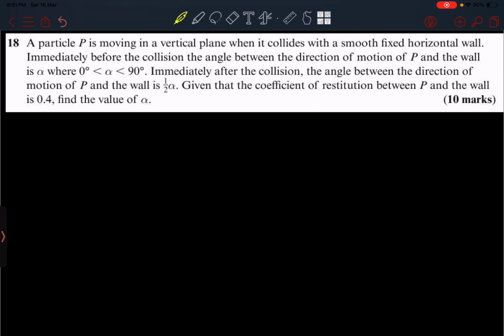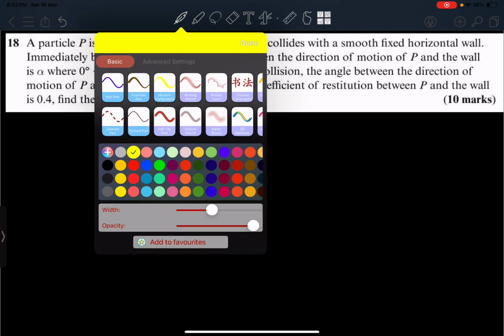Immediately before the collision, the angle between the direction of motion of P and the wall is alpha, where alpha is between 0 and 90. So I'm going to say this is my wall. Here comes my ball with an angle of alpha, which is an acute angle. And then immediately after the collision, the angle between the direction of motion and the wall is half alpha.